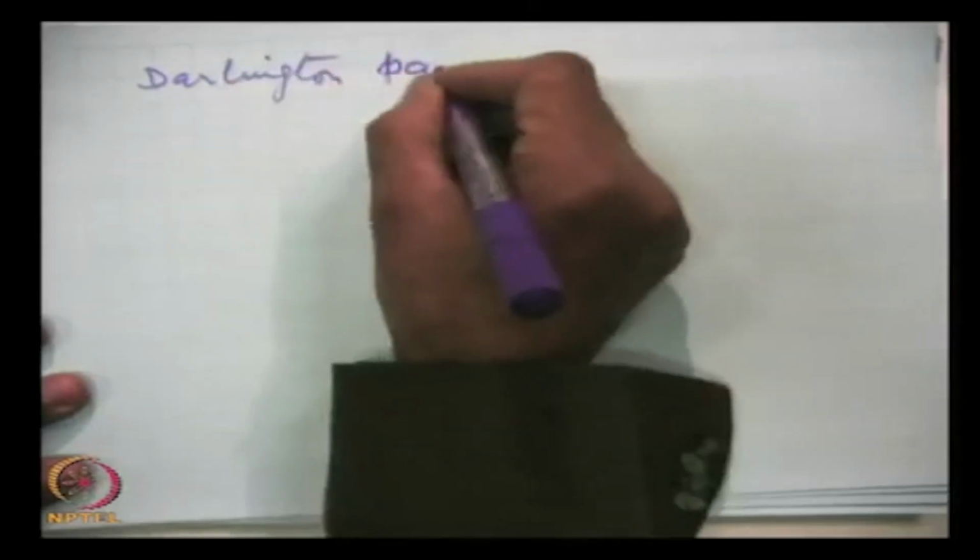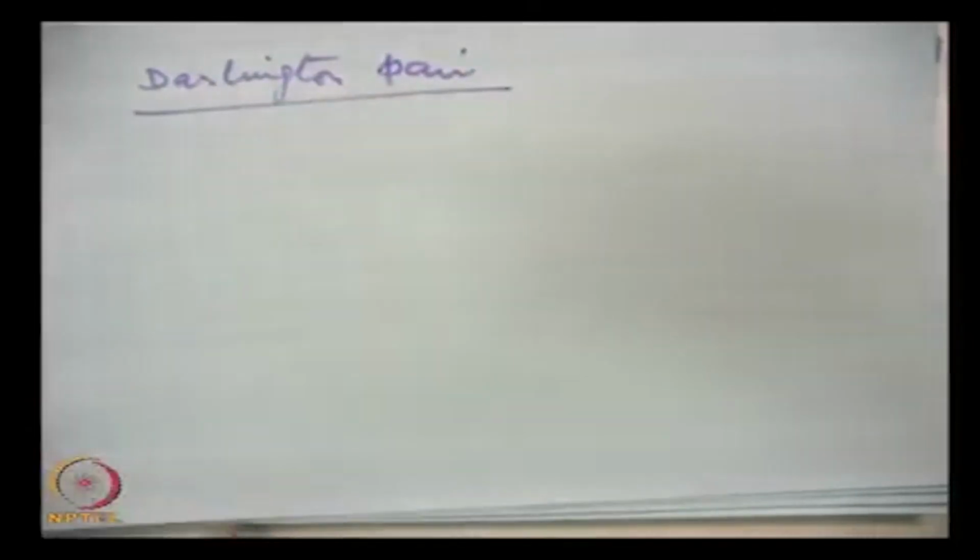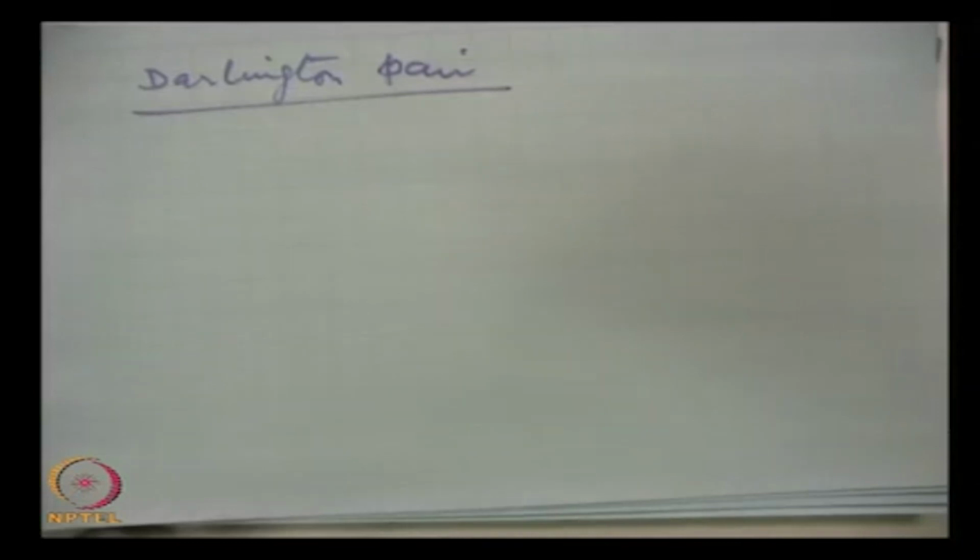Now, one of the very popular direct coupled multi-stage circuits is what is known as the Darlington pair. A Darlington pair is a two stage amplifier where two transistors are directly coupled. The circuit is this.